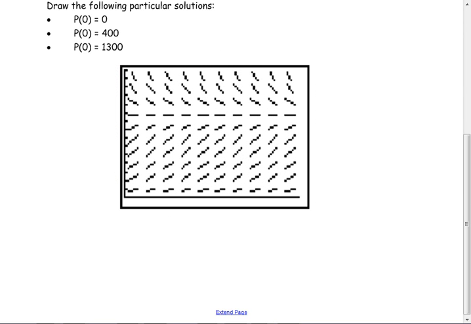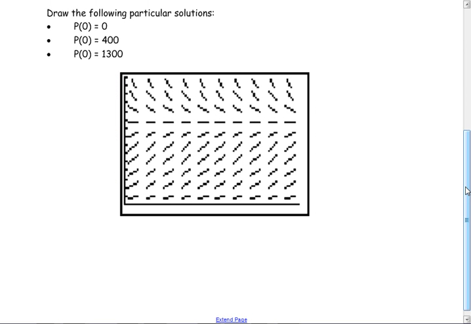Okay, P of 0 is 0. That's starting here. Where is that going to go? Not if your population is 0. Okay, what if my population is 400? I did by hundreds. 1, 2, 3, 400. Follow the slope field, and now it's going to bend like that.